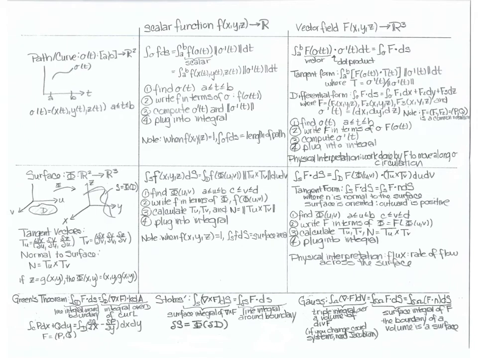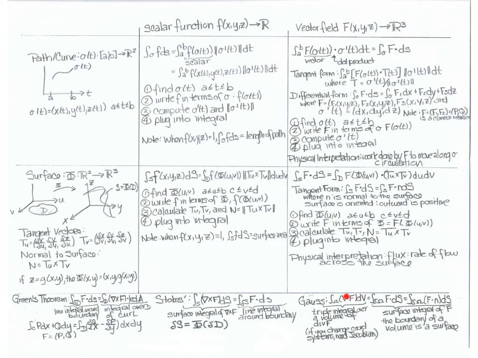The last great theorem of vector calculus is Gauss's theorem, and it relates a triple integral over a volume to an integral over the boundary of that volume, and the boundary of the volume ends up being a surface. An example of what I mean is, let's say we want to do an integral over the entire sphere, and by entire sphere, I mean the interior all the way out to the surface.